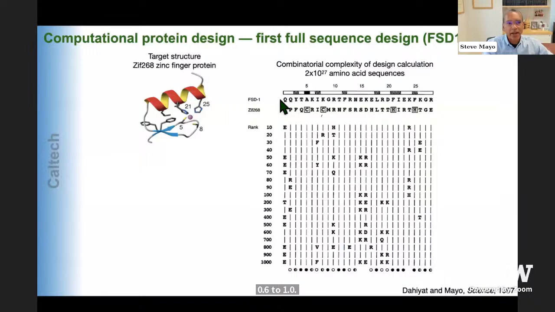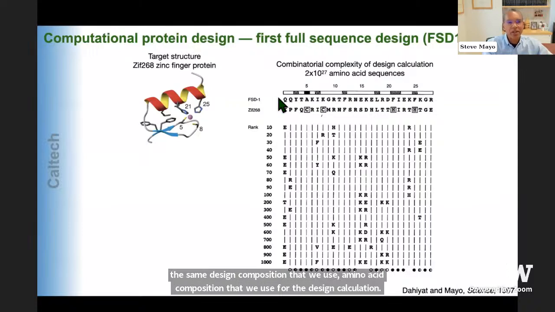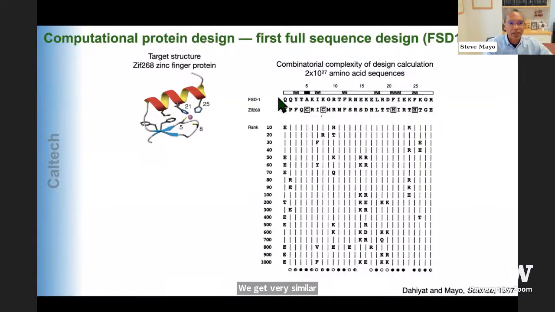If we generate random sequences from the same amino acid composition that we used for the design calculation, we get very similar hits from BLAST with sequence identities around 36% and p-values that range from around 0.3 to 1.0. So the FSD1 sequence is truly a novel sequence.